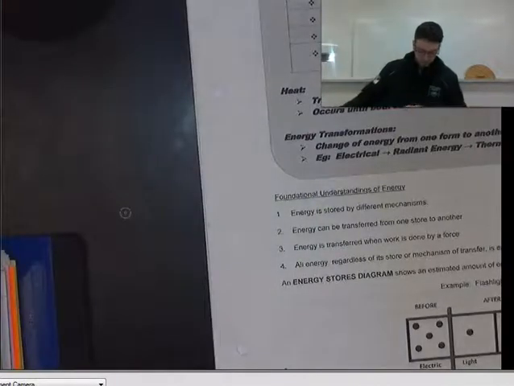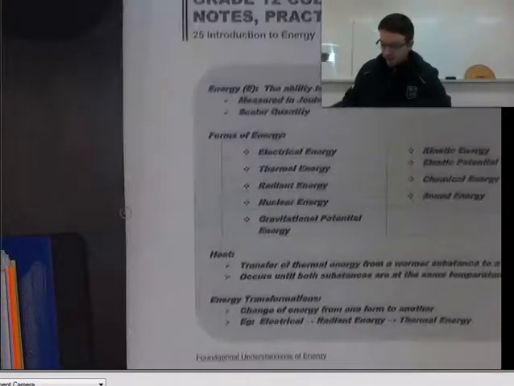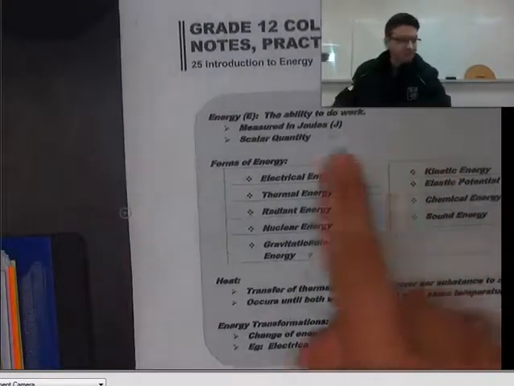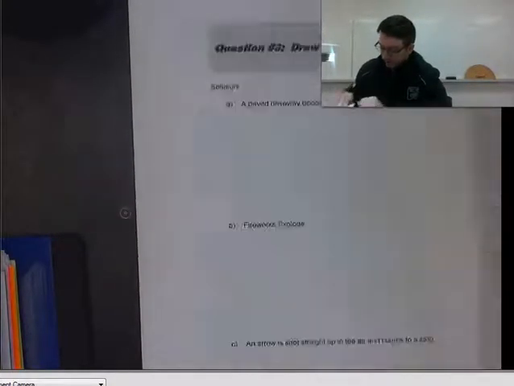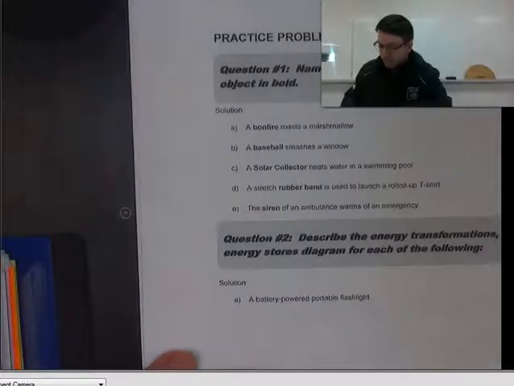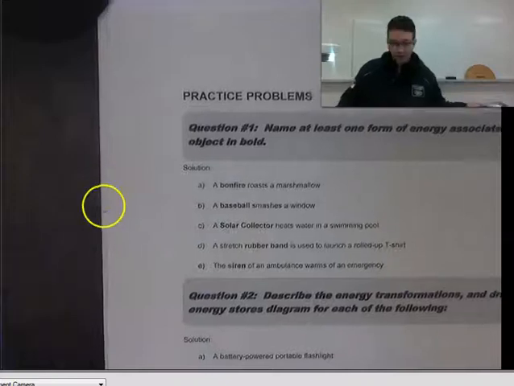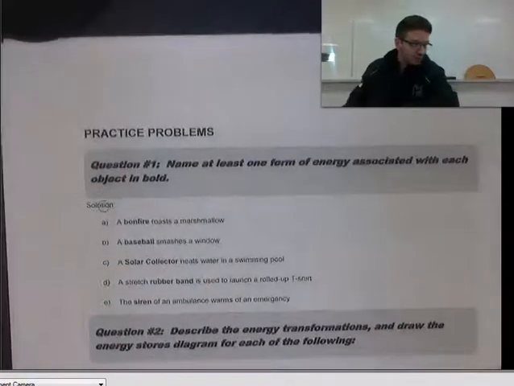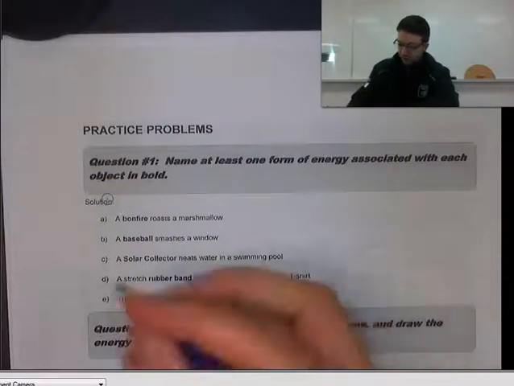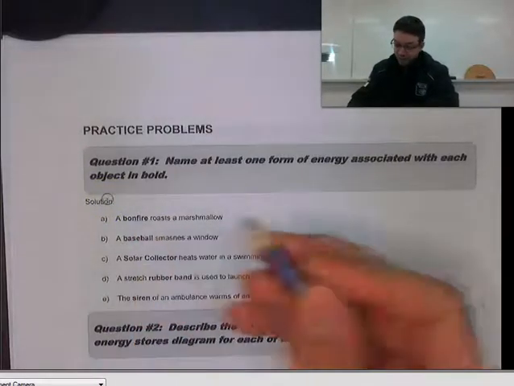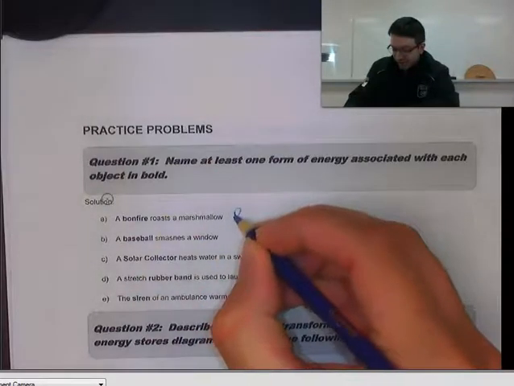In our first example, so this is our handout, I listed a whole bunch of different energies here. Our first example says, name at least one form of energy associated with each object in bold. So I'll go over 1 or 2, and then I'll leave the rest up to you. First of all, the bonfire. So a fire, you might want to think, okay, radiant energy. It's giving off light.